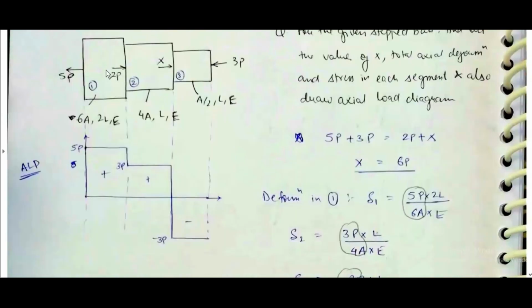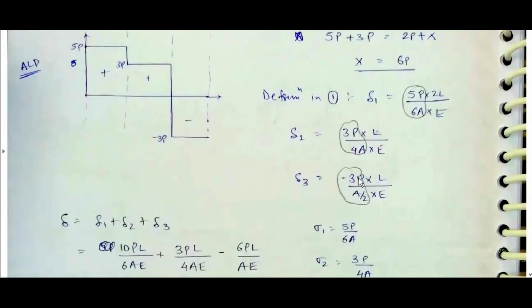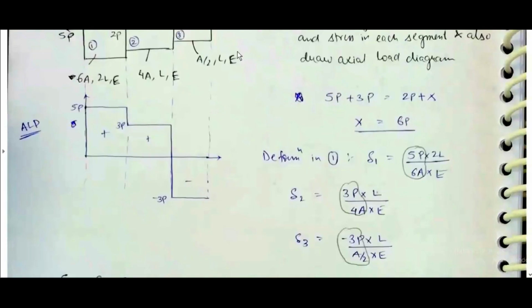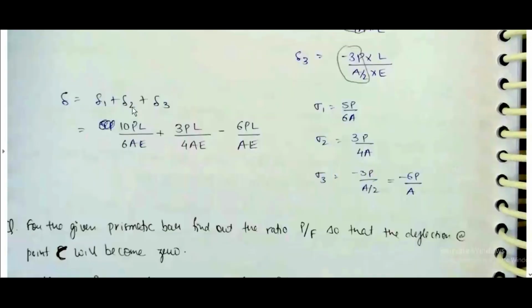Deformation in the first bar, delta 1, is equal to 5P is the force, 5P into 2L is the length, by 6A cross section into E. Delta 2 is equal to 3P is the force, 4A cross section, L length, E. Similarly delta 3 is minus 3P into L by A by 2 into E. Delta is equal to delta 1 plus delta 2 plus delta 3: 10PL by 6AE plus 3PL by 4AE minus 6PL by AE.